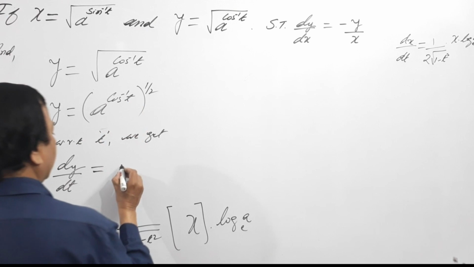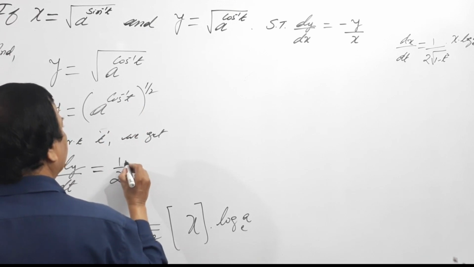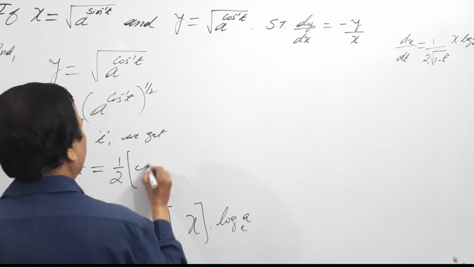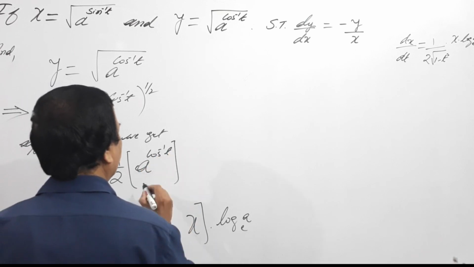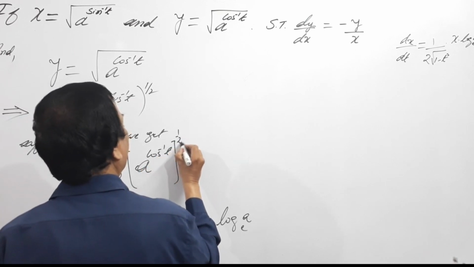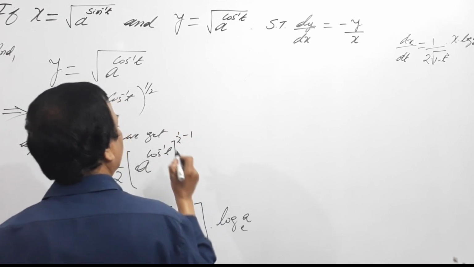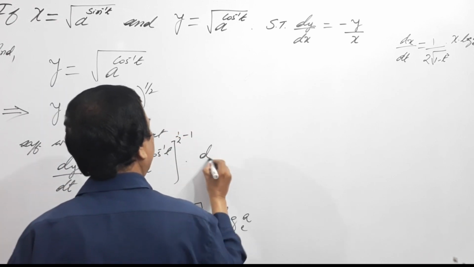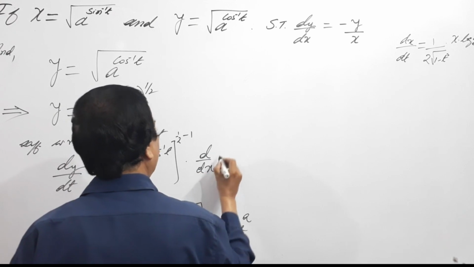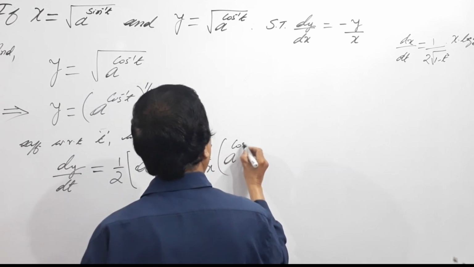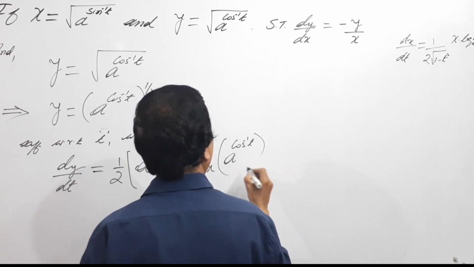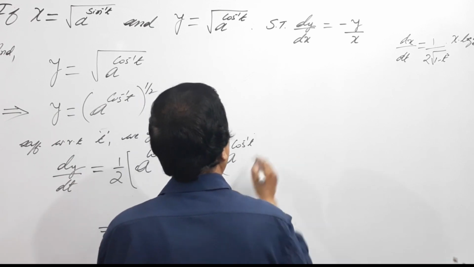So this becomes half into, and put a bracket, a to the power of cos inverse t to the power of half minus 1, into d by dx of a to the power of cos inverse t.